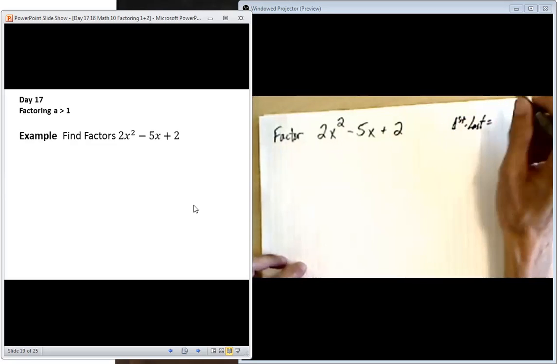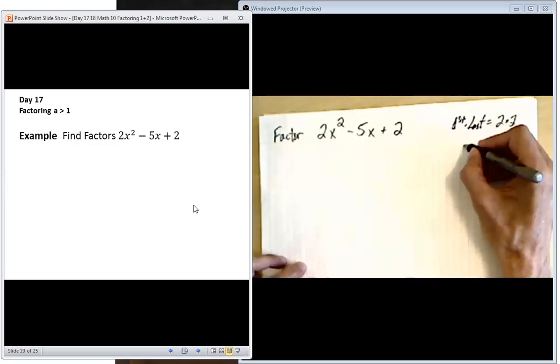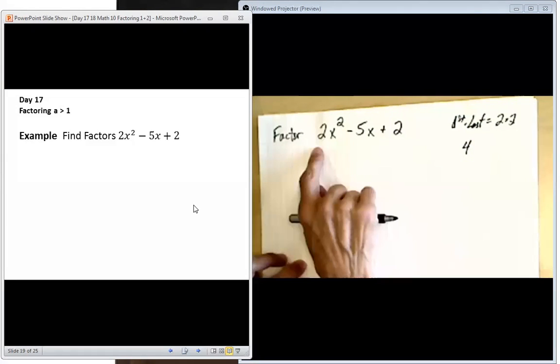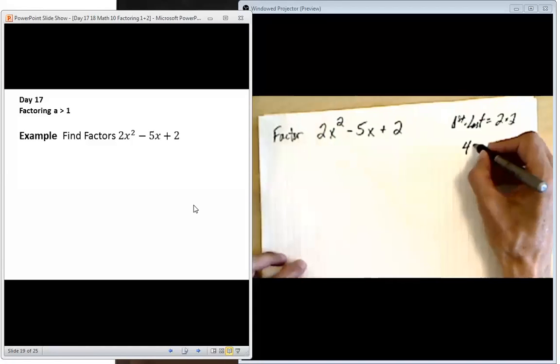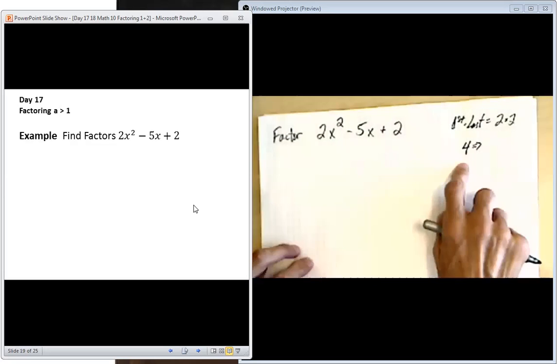So that's going to be 2 times 2 to give 4, right? That 2 times that 2. And then write all the pairs of factors that give you 4.